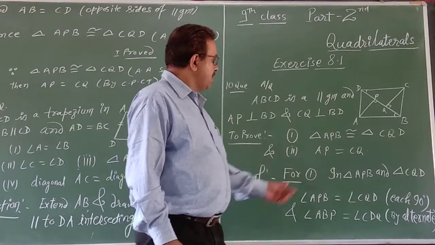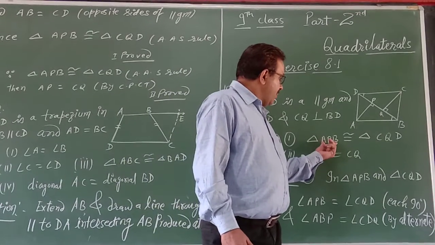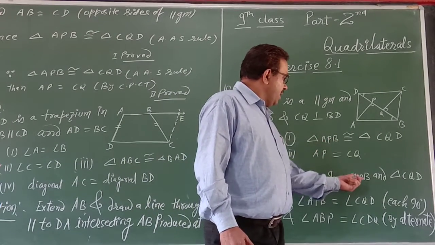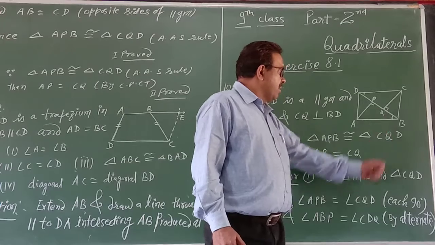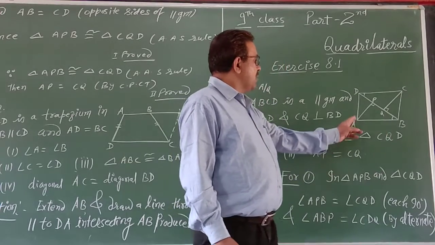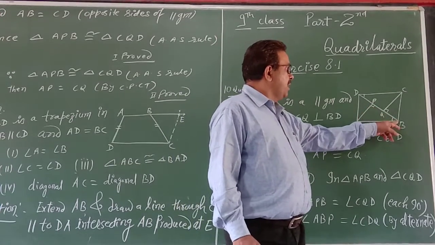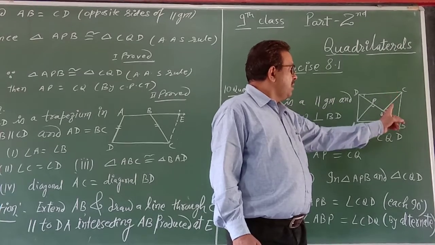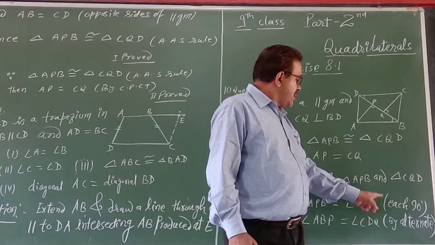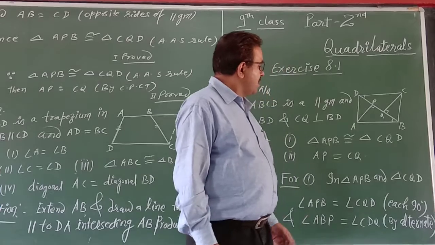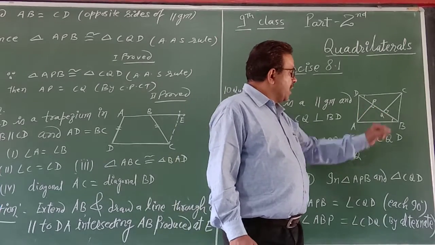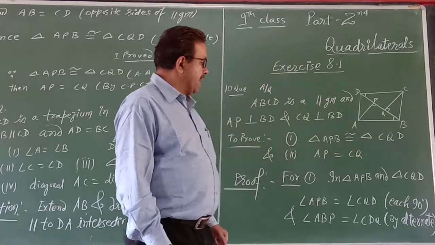So see the proof. For the first, I have taken triangle APB and triangle CQD. See here, as we are given, angle APB is equal to angle CQD, each 90 degrees. The symbol of perpendicular means these angles are 90 degrees.